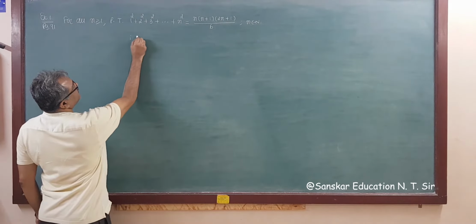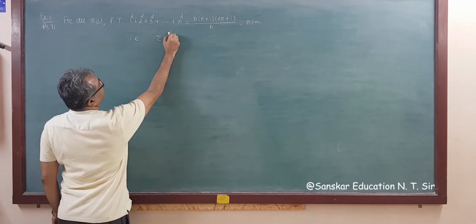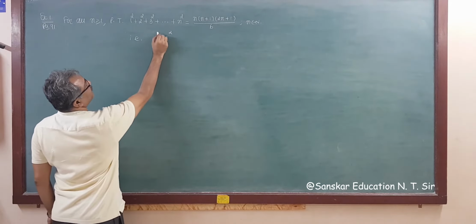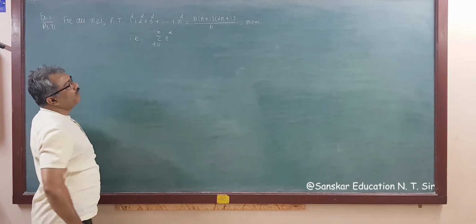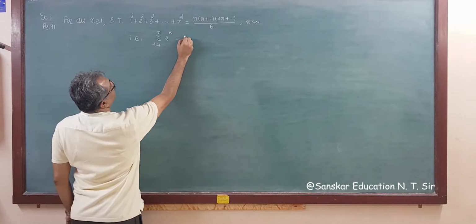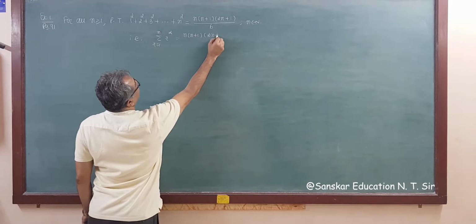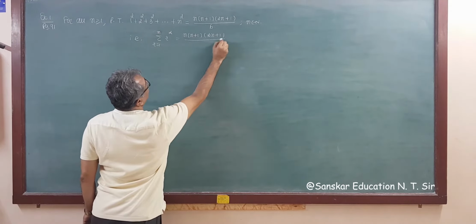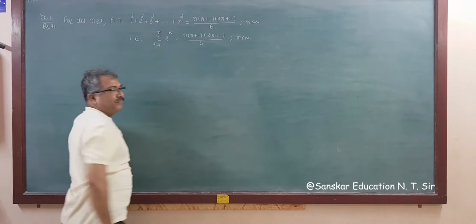That is, in other words, this is sigma r square, r is equal to 1 to n, is equal to n times (n plus 1) times (2n plus 1) by 6, for all n belongs to N, right?